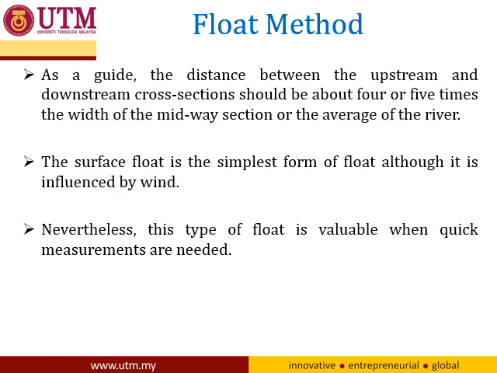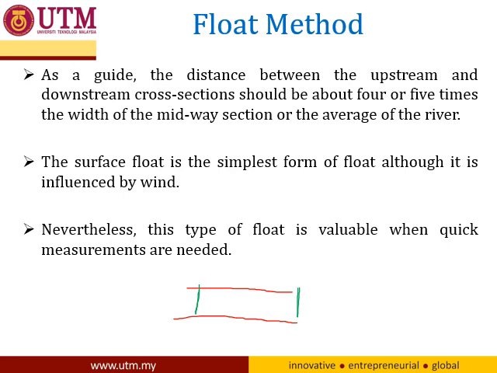There is also a guide where the distance between the upstream and downstream cross-section should be about 4 or 5 times the width of the midway section, or the average width of the river. Okay, this is just a guideline. It means that, let's say this is the river, with upstream and downstream.